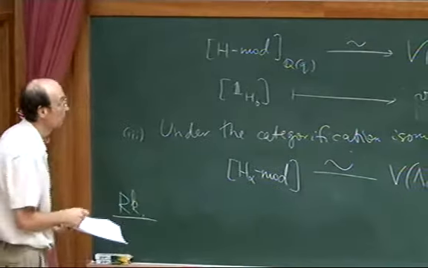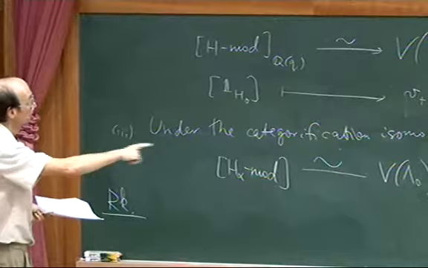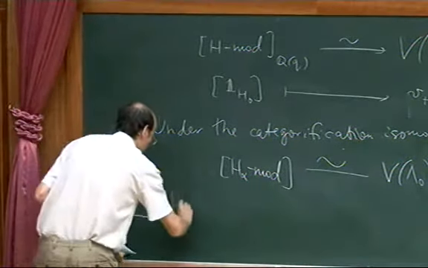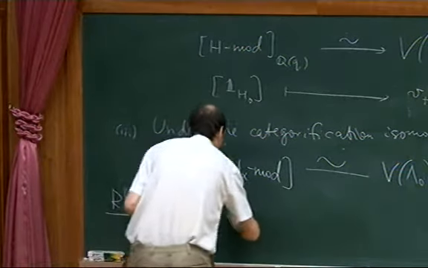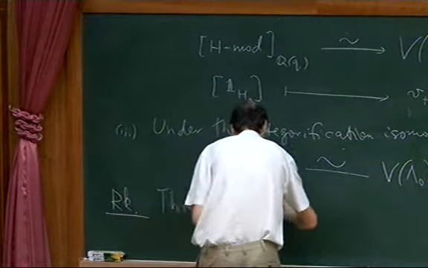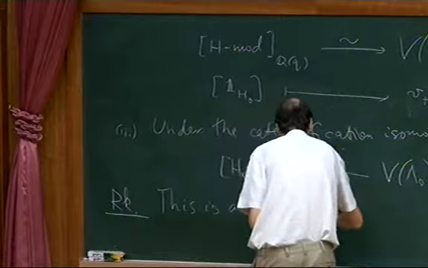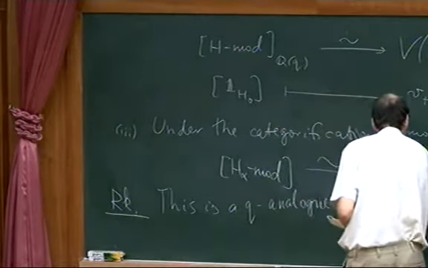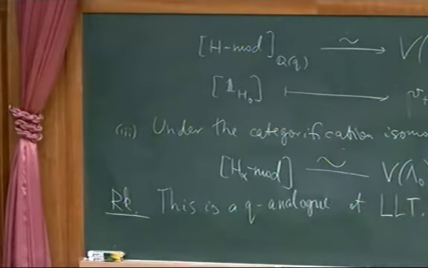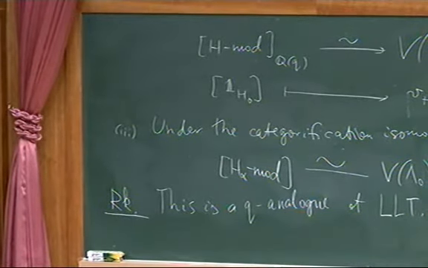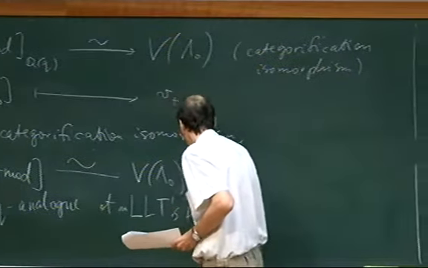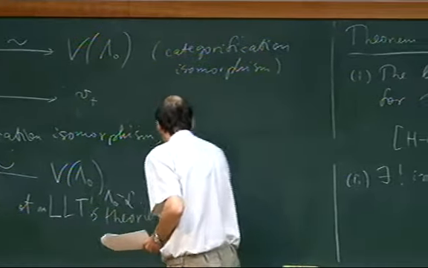I think Lascoux, Leclerc, Thibon were the first to obtain the classical analog of this. So I just write it down. This is a q-analog, or graded analog, as you like, of a theorem by Lascoux, Leclerc, Thibon.